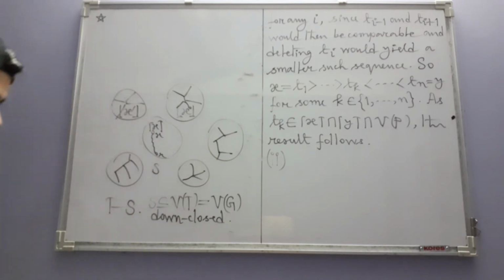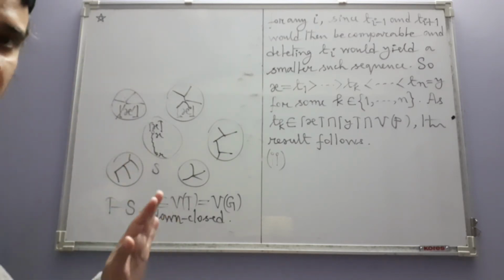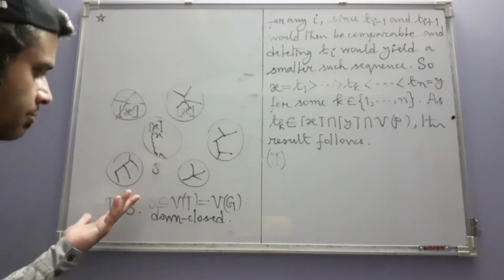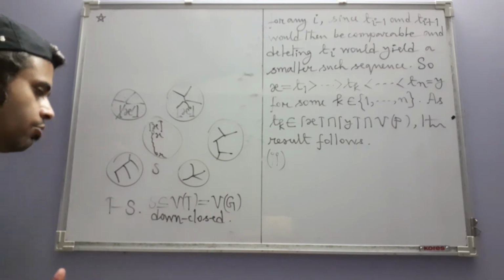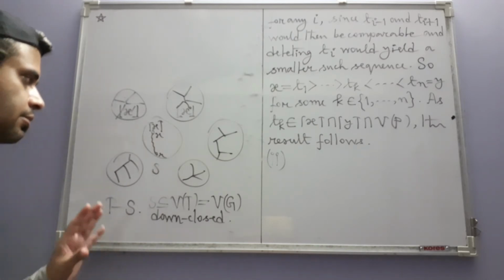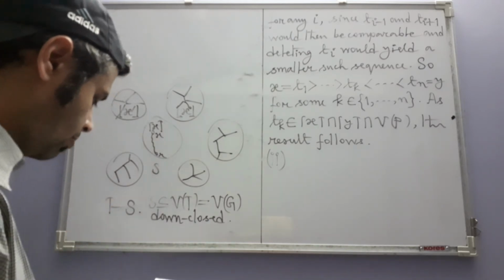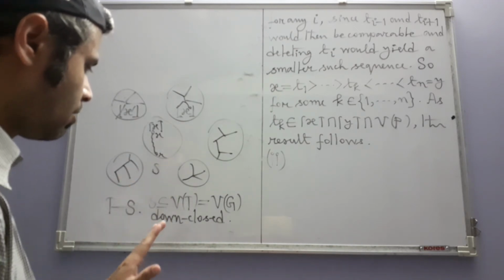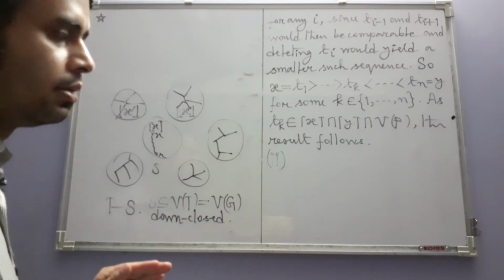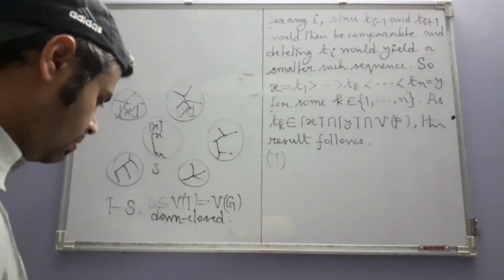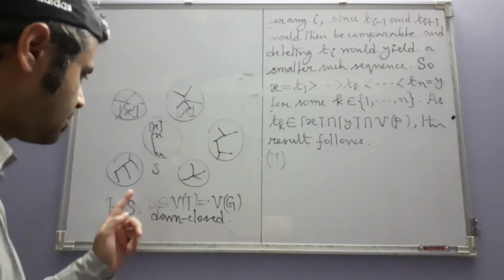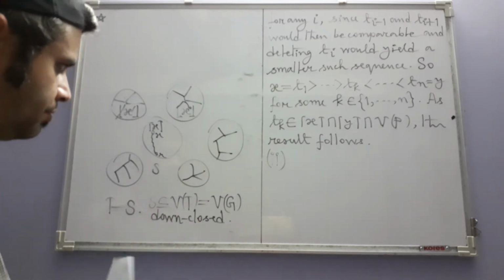Root will be there in S. Let me just see the thing somewhat more closely. Okay, I said just now that the root will always be there in S. Is that the case? We don't have anything here saying that S has to be non-empty.